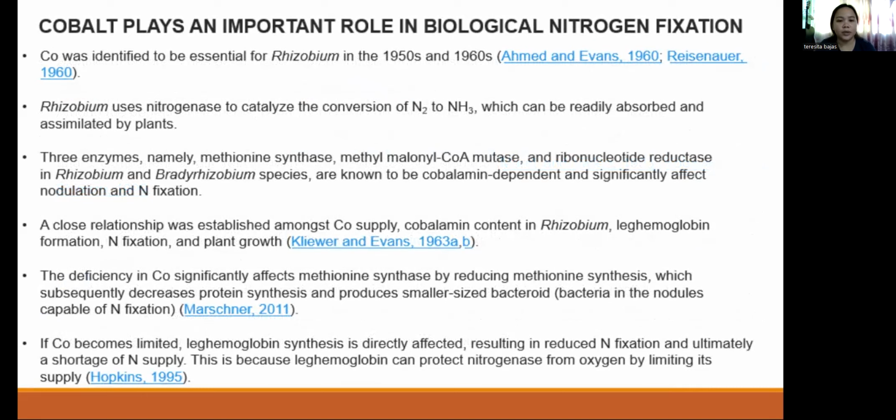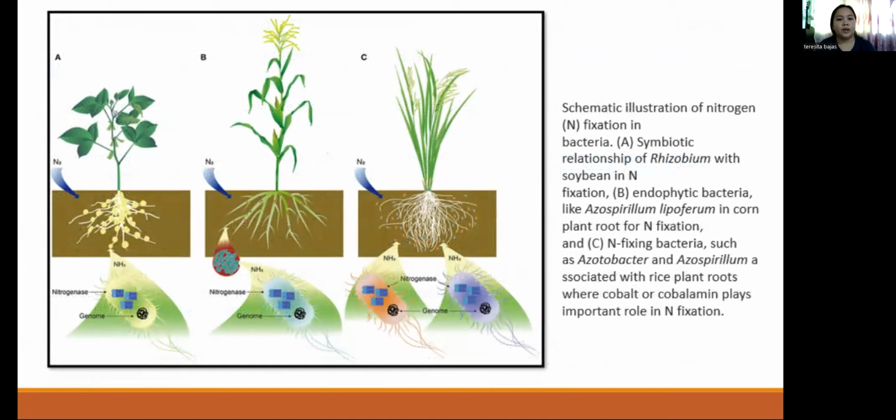Up until now, hindi pa rin nila ma-decide kung si cobalt ay micro-essential nutrient or beneficial lamang. Na-establish po ang close relationship among co-supply cobalamin content, specifically sa rhizobium. Makikita po natin sa schematic illustration dito.